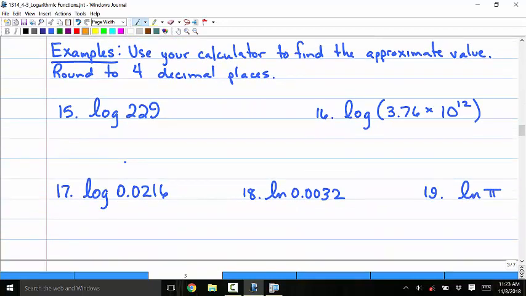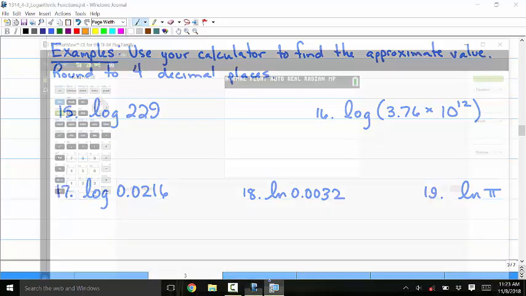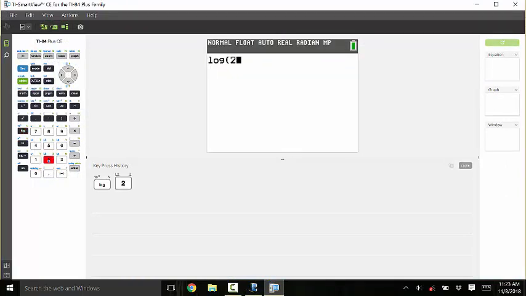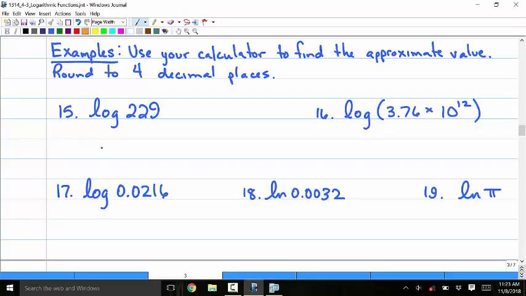Okay, use your calculator to find the approximate value, rounded to 4 decimal places. The common log of 229. So go on your calculator, you type in log 229. Enter. 2.3598. Number 16. Log of 3.76 times 10 to the 12th.